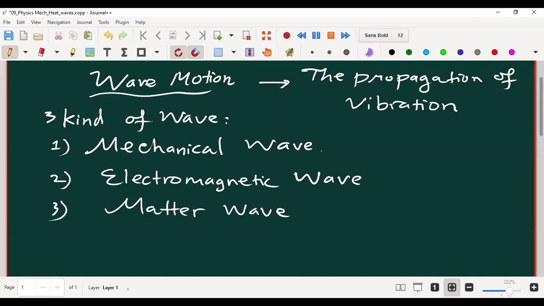For example, a string or water is an example of wave, and also light. So many examples of wave. First we need to understand the quantities of wave, or the basic variables of wave motion.